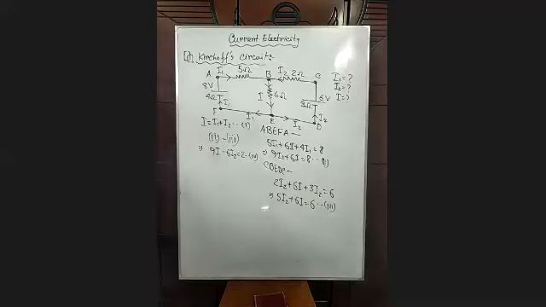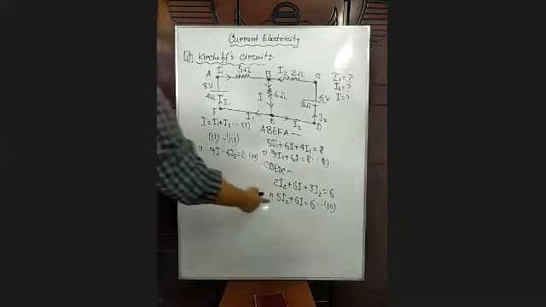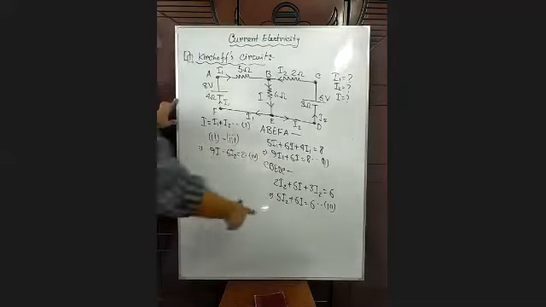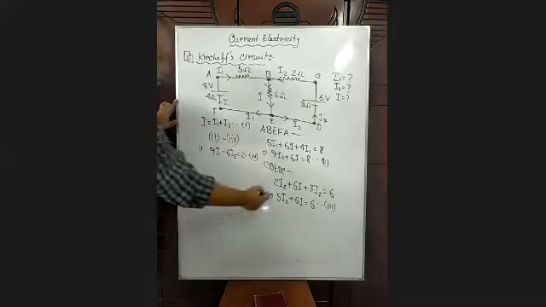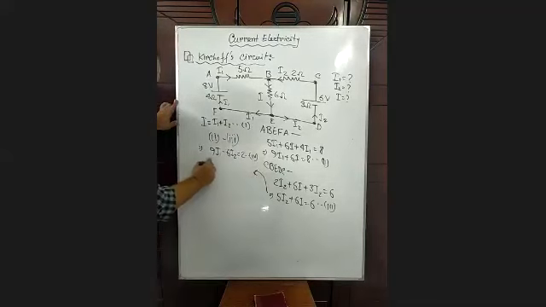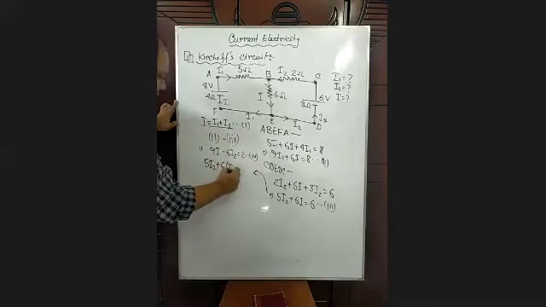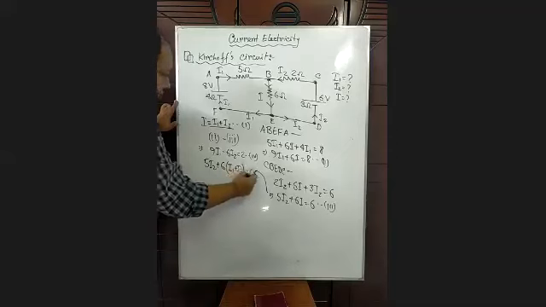And if you recall any of equation 2 or 3, just like now I recall equation 3, which is 5I2 plus 6I. What is I here? Actually, it's I1 plus I2, equal to 6.